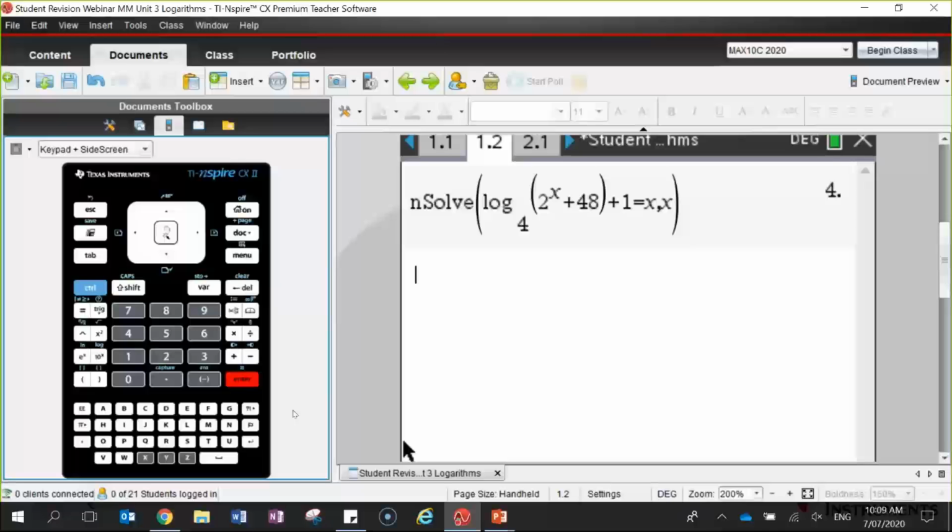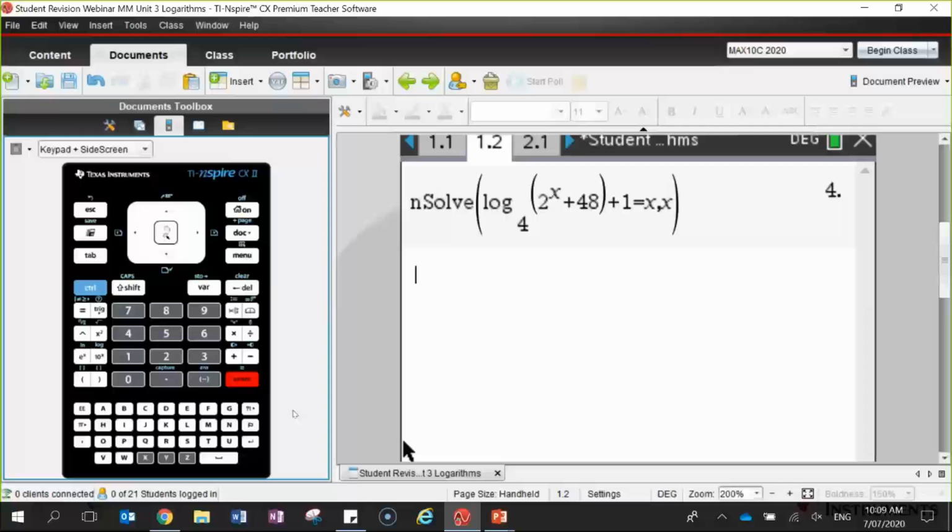On a tech active or tech allowed paper, 1 mark, maybe 2 for writing down that you've used your calculator and how you've used it. On a non-tech paper, that could be worth 5 or 6 marks. So you need to be aware of that as well. This question could be on either.